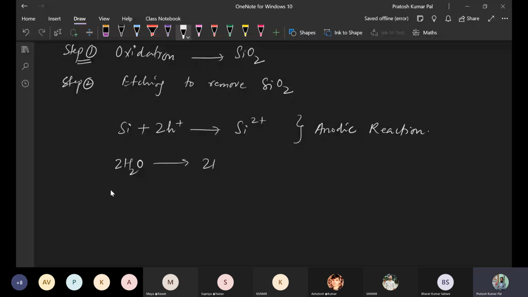N stands for HNO3, that is nitric acid, and A stands for CH3COOH, acetic acid.